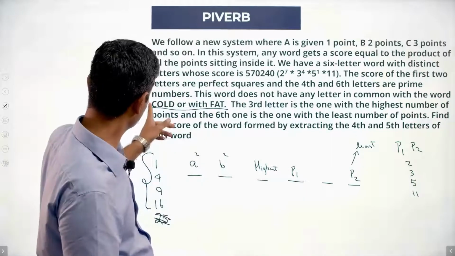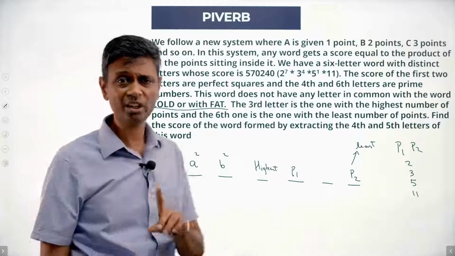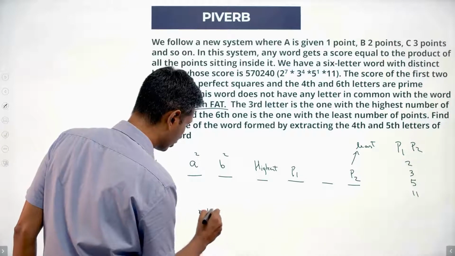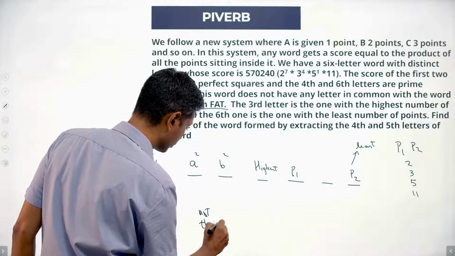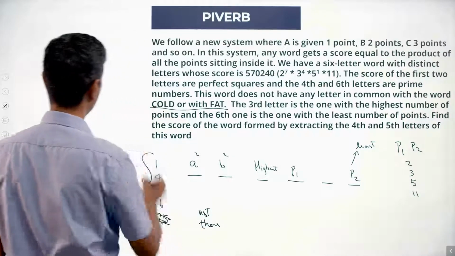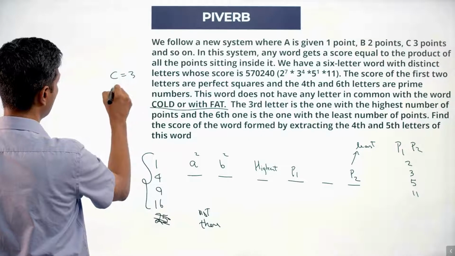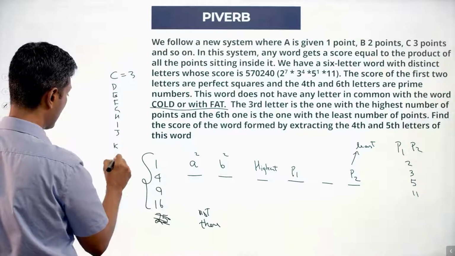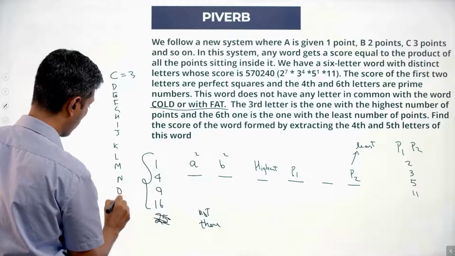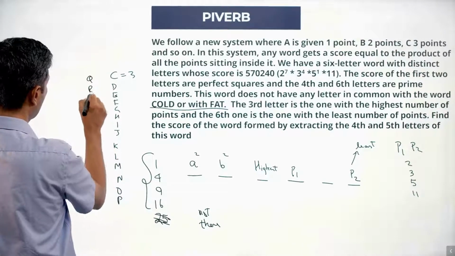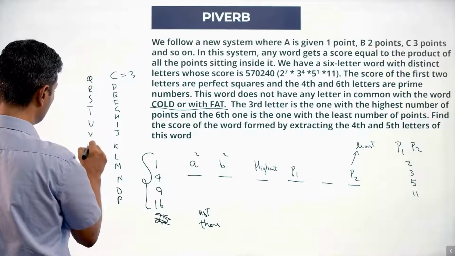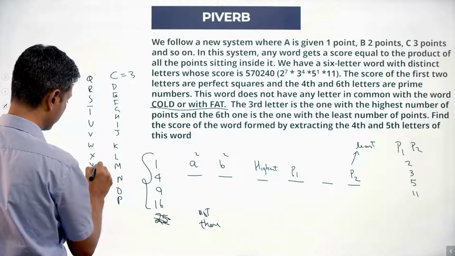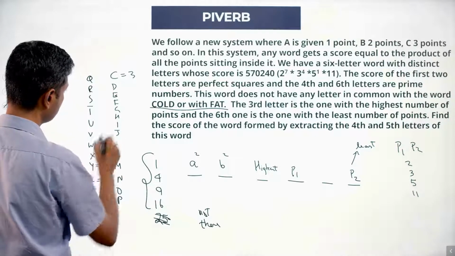Now let's attack this cold and fat. What are the numbers that are not there? And so, not there in this system. Cold. C is 3. D, E, F, G, H, I, J, K, L, M, N, O, P, Q, R, S, T, U, V, W, X, Y, Z. This is 26, 25.